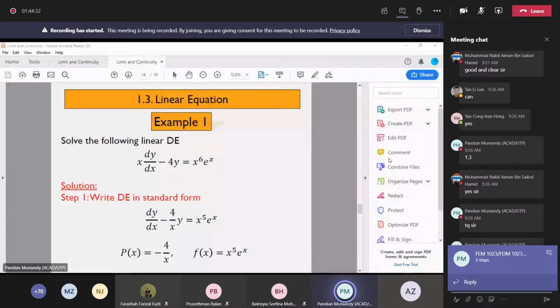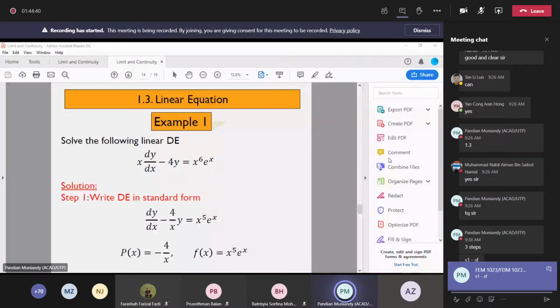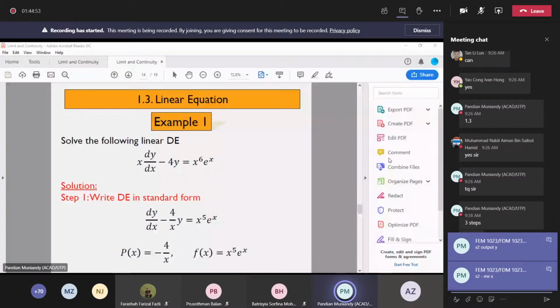Step 2, find the mu(x). Step 3, output y.